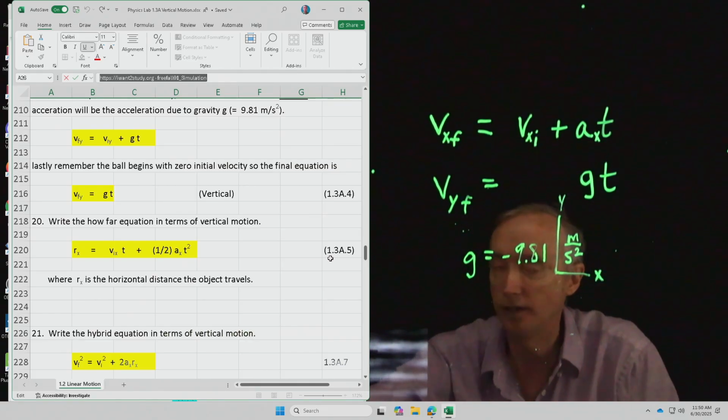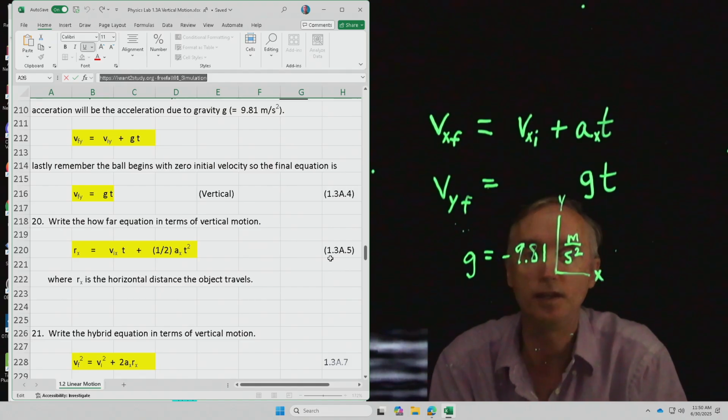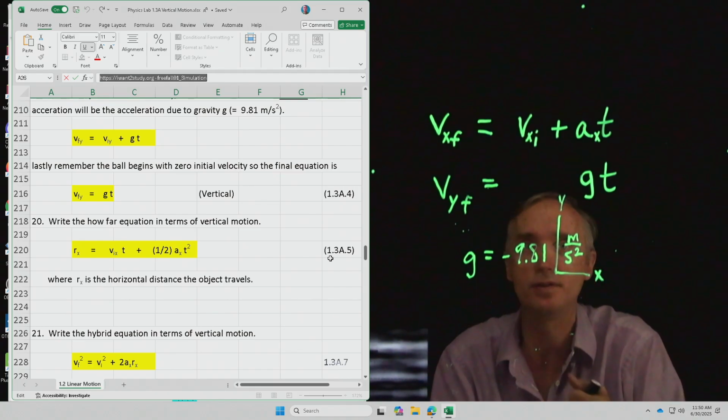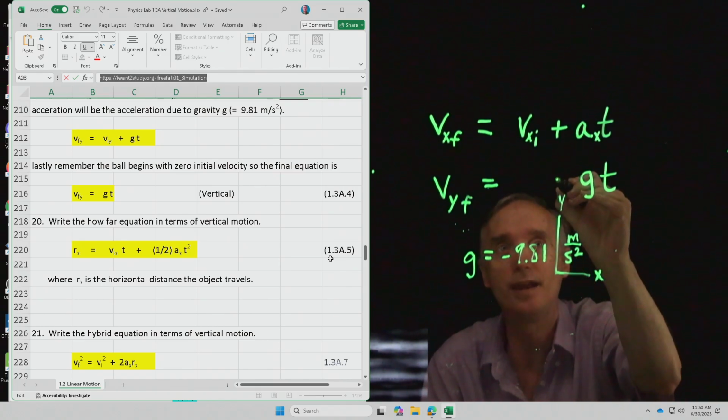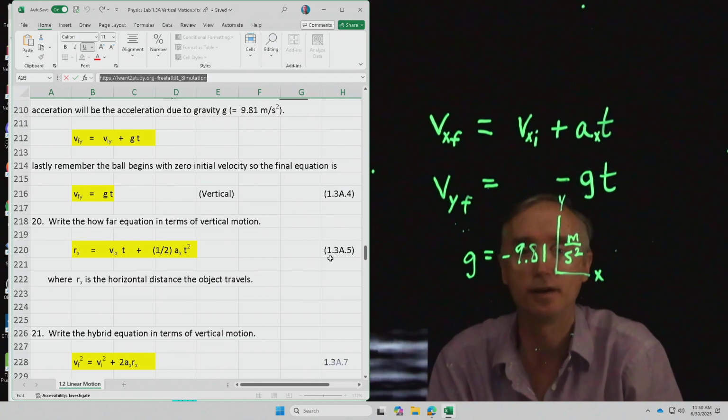And so our final answer is v equals g t. And now you might be saying to yourself, no, I just made a mistake because this should be a negative g right there.